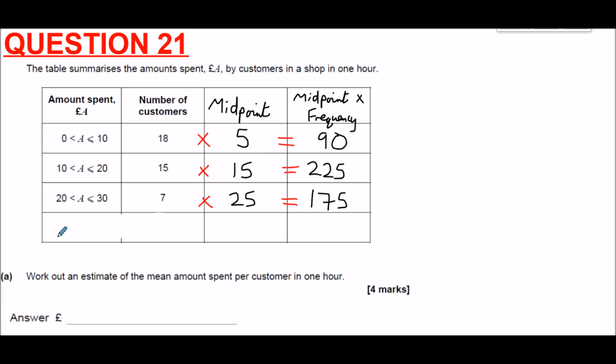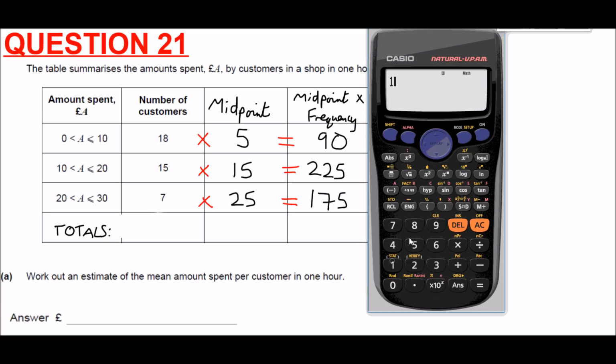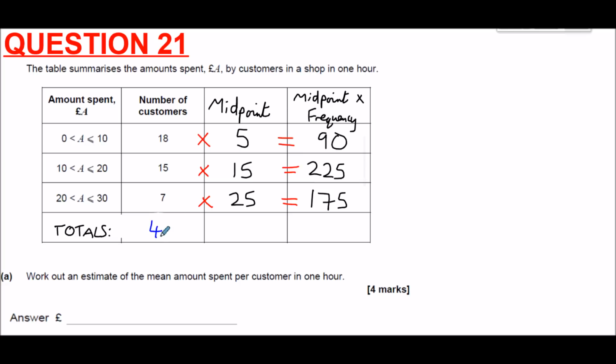And so since we've got rid of this row here, we can just do the grand totals. So the total number of customers is 18 plus 15 plus 7. Which comes to 40. So it's 40 customers.